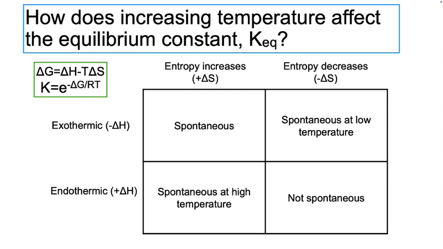So, how does increasing the temperature affect the equilibrium constant? Right? We could go back through, we could evaluate all of these systems. This table should look really familiar, right? What does this table look like? The thing that you asked about, and I frantically scrolled backwards in the slides, and I should have just gone forward like 4 slides. Right?